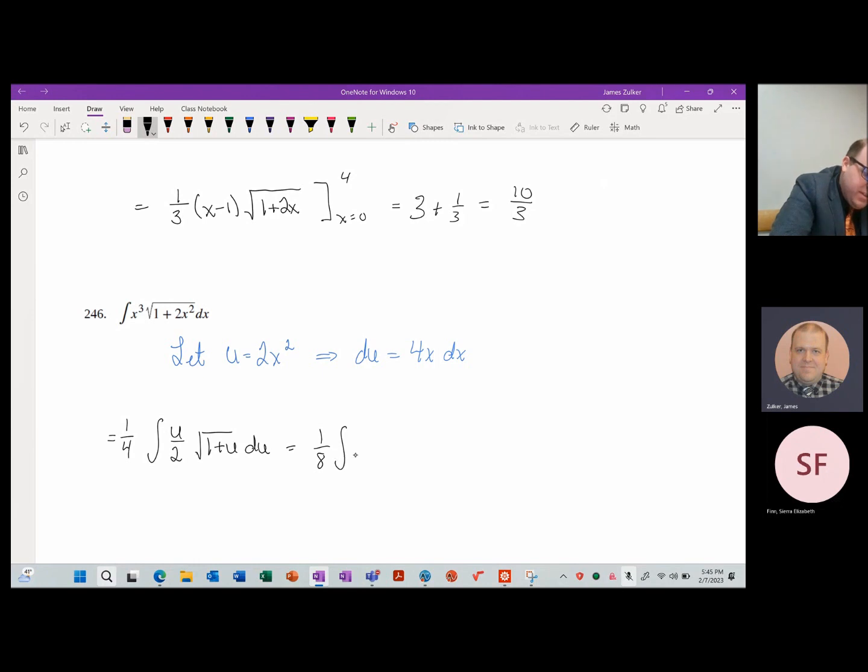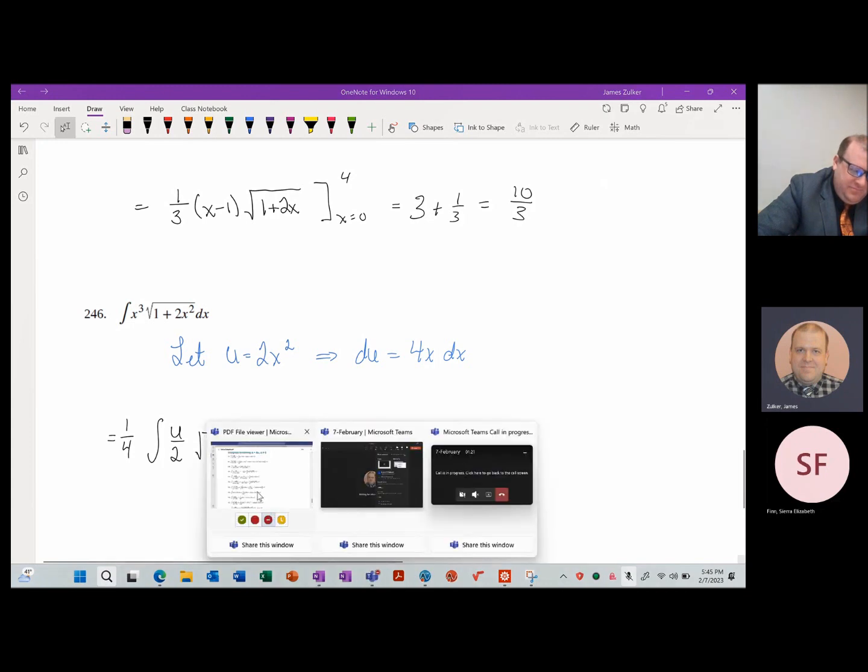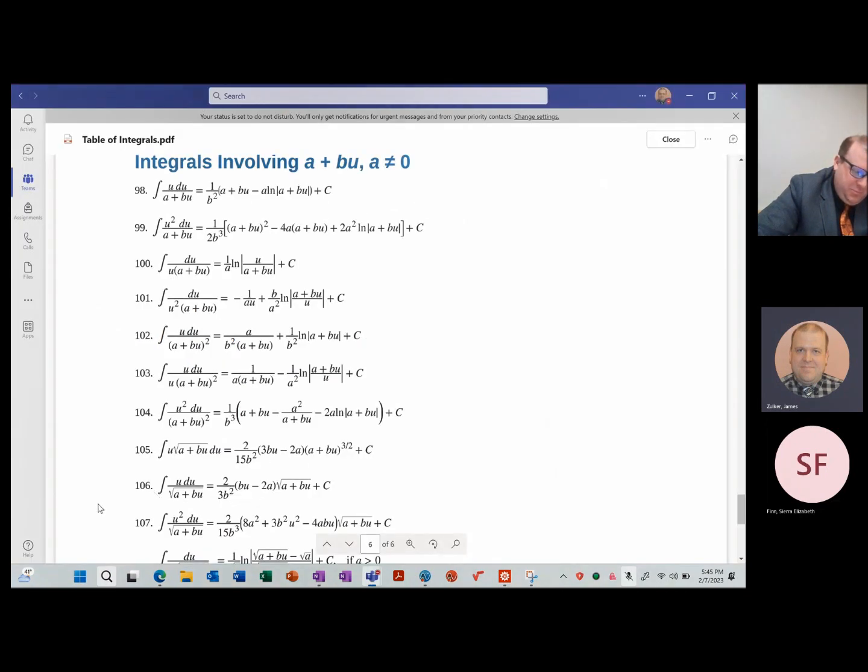Factor out the 1/2. We're left with the antiderivative of u over the square root of 1 plus u, which is formula 105.